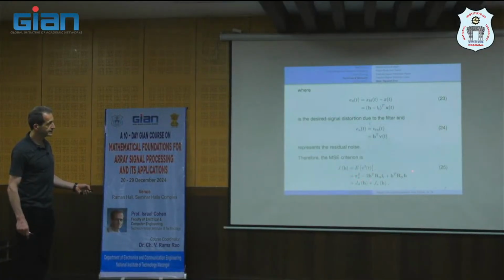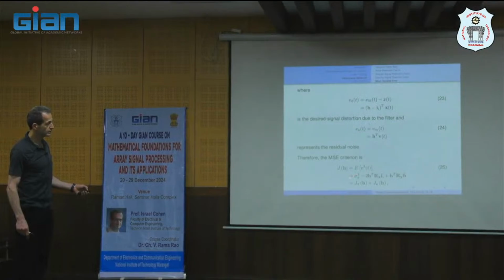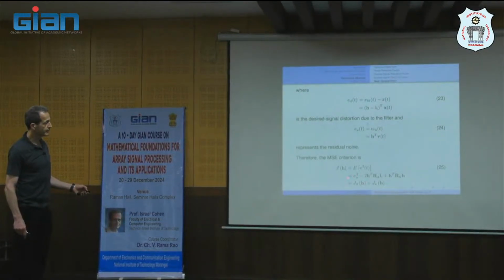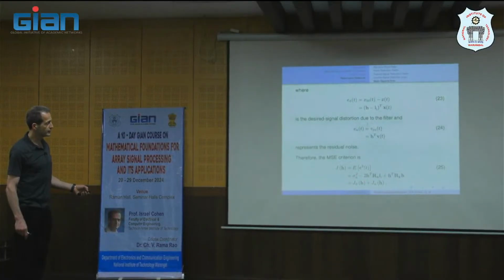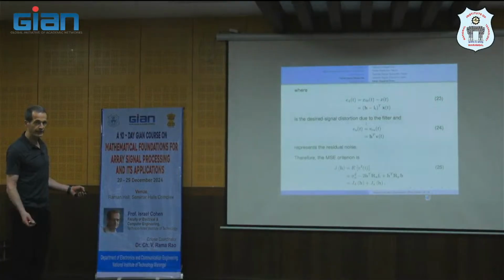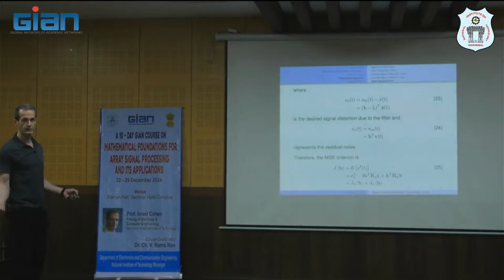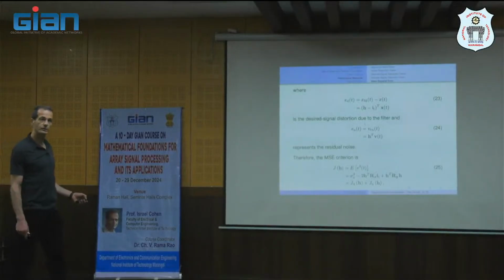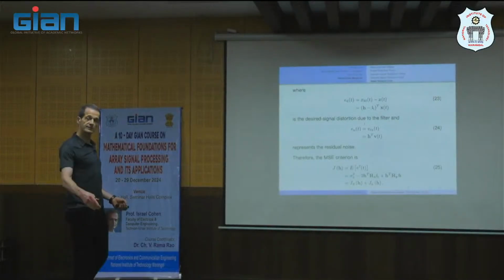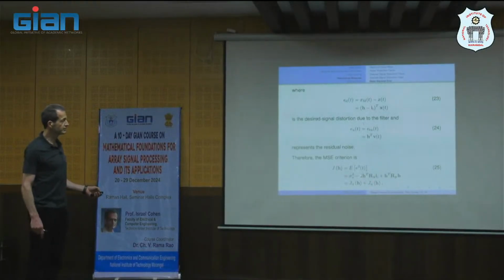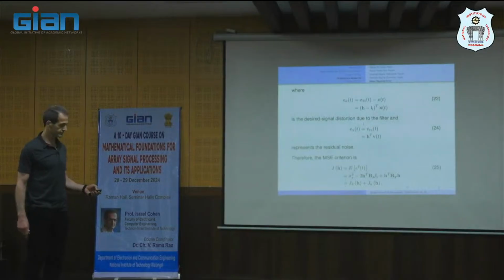So if we take this expression, which is a scalar, and find its derivative with regard to h and equate it to 0, we find the solution that minimizes this mean squared error. This is a good exercise, how to find the derivative of this and equate it to 0.